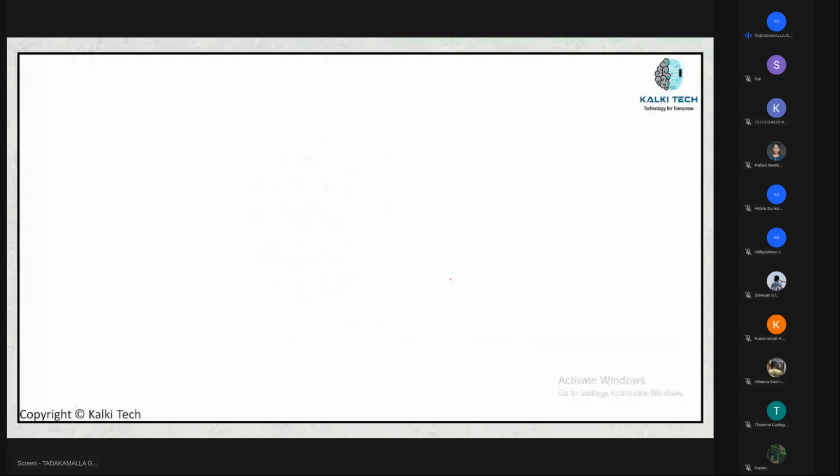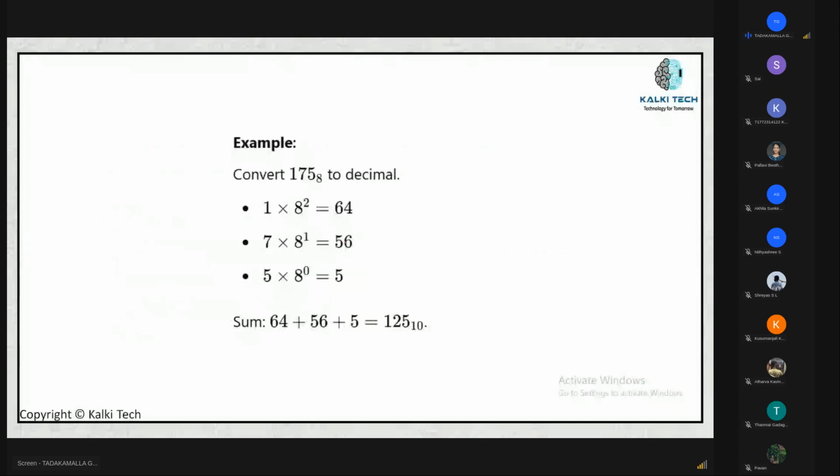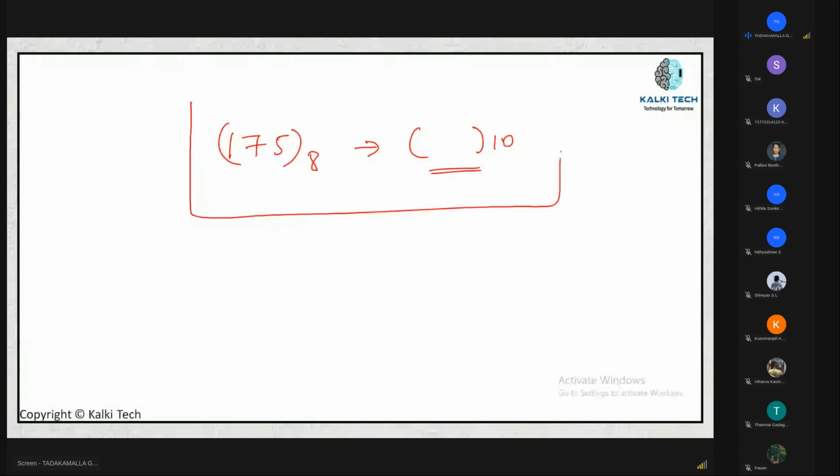Next, let's see octal to decimal number system. Same, but we are going to take 8 power n, where n is the position. Suppose we want to convert 175 to the base 8 into base 10. So what is my answer? Please try this and post it in the group chat.